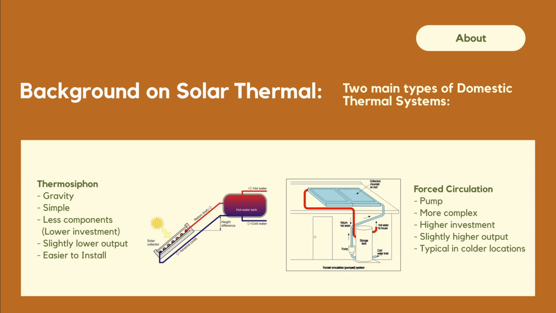It's simple, it has fewer components and a lower investment, it has a slightly lower output, and it's easier to install. A forced circulation system has a pump, it's a bit more complex, requires a higher investment, and has a slightly higher output. It's typical in colder locations, like in Northern Europe and Northern America.